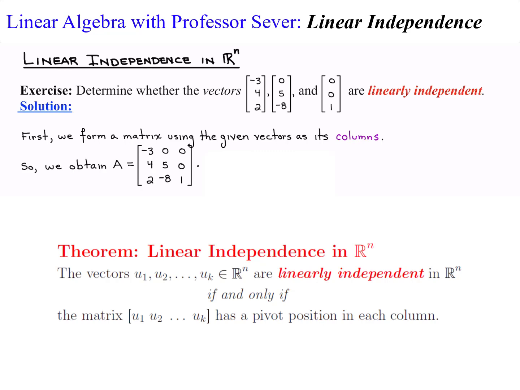So our plan will be to form a matrix using as its columns these three vectors, row reduce the matrix to echelon form, inspect the columns for pivots, and what we're really looking for is a pivot position in each column. If we have that, then the columns are in fact linearly independent. If we do not have that, then the columns, and hence the original three vectors, would not be linearly independent.